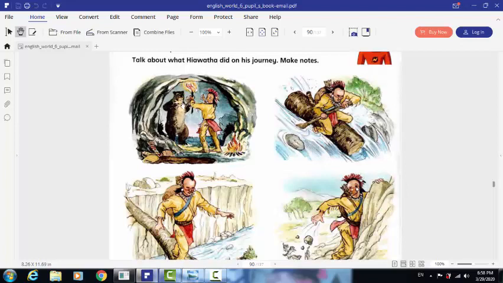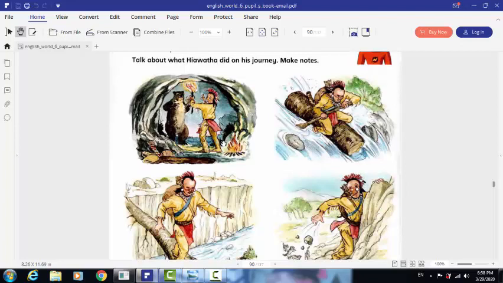Suddenly, what did he see? He saw a huge bear. Where was it standing? It was standing at the front of the cave. What did Hiawatha do to save himself?